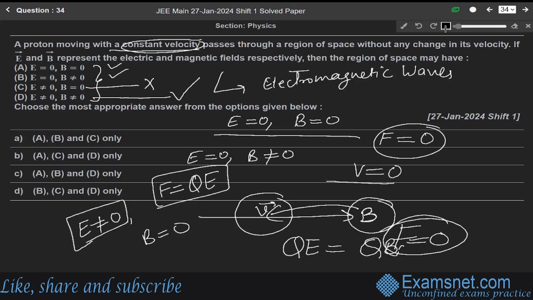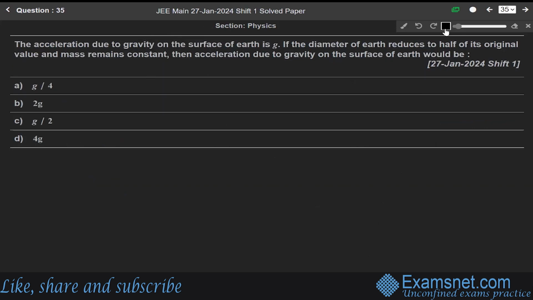So this statement is also true. So the correct answer is ABD. Okay. Now moving towards the next question, question number 35.